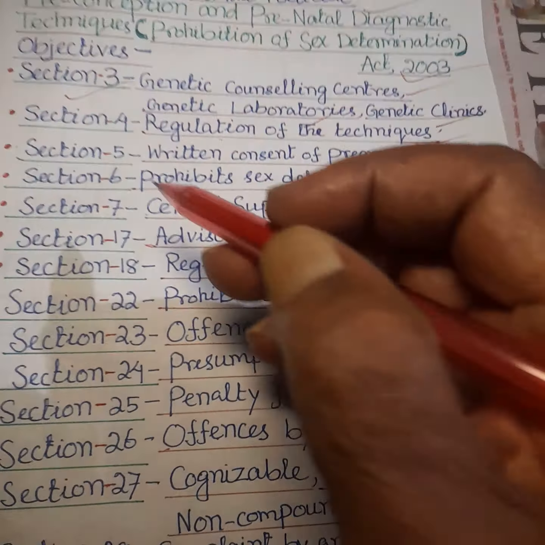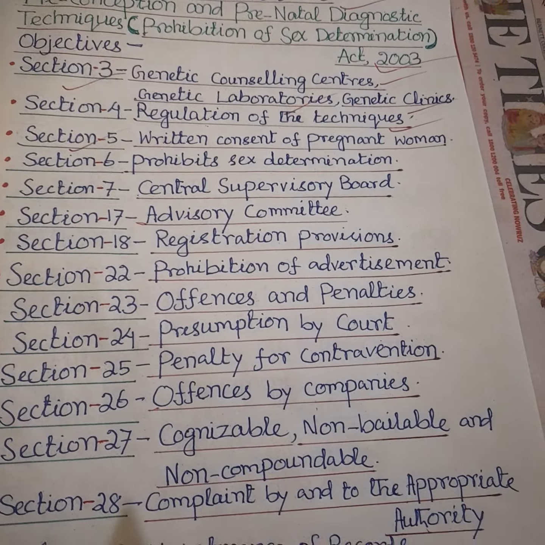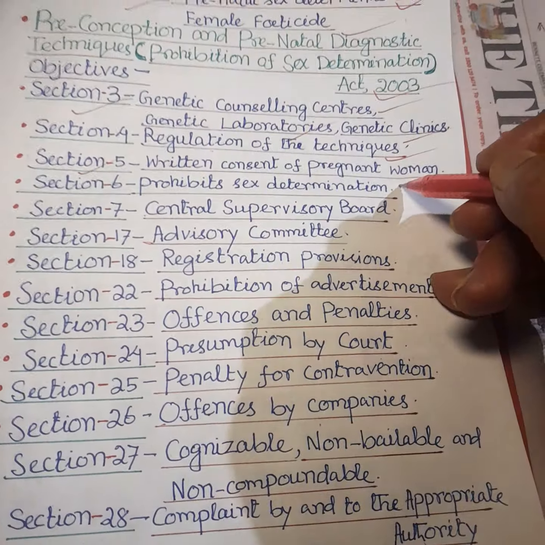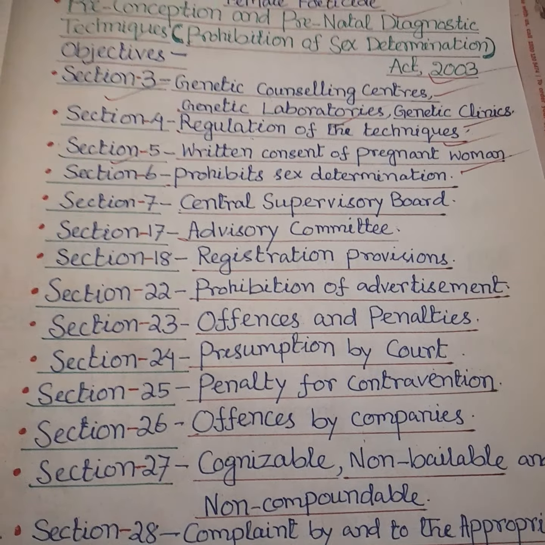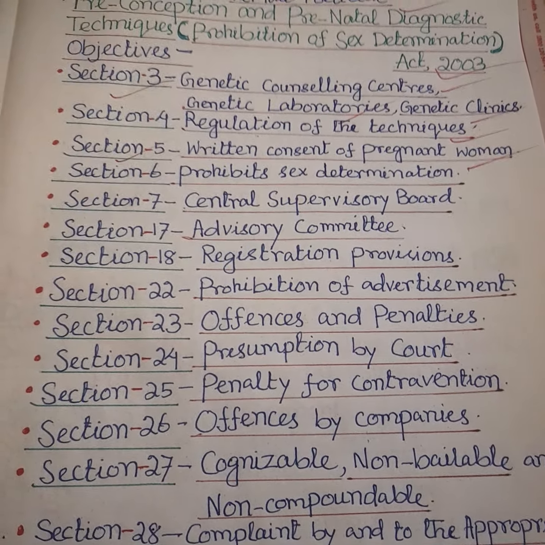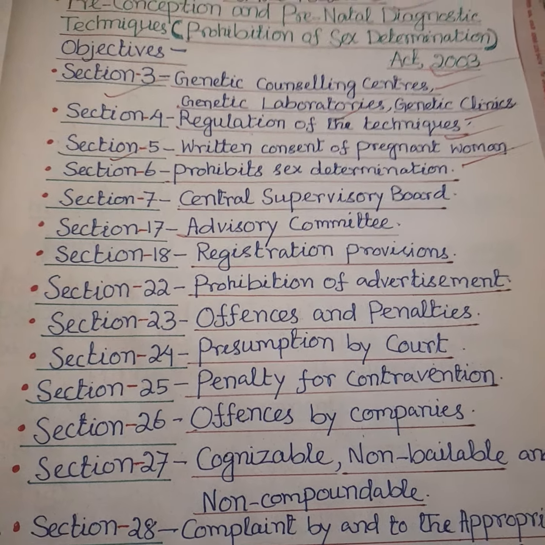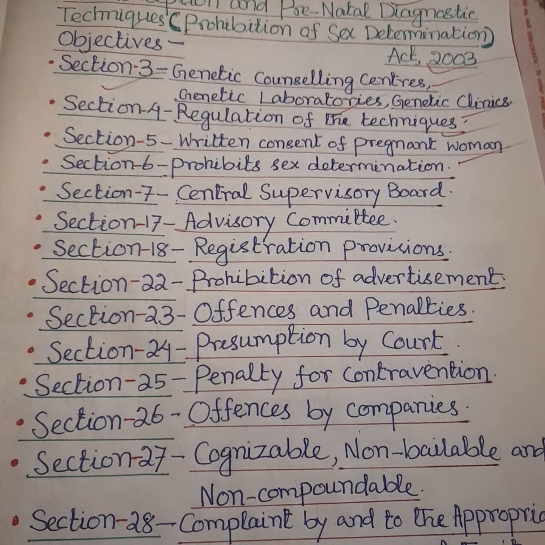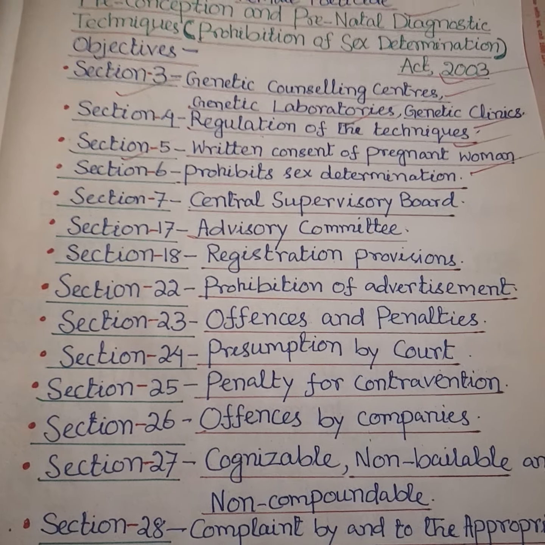Section 5 of the Act provides for written consent of the pregnant woman. So it requires written consent of the pregnant woman and prohibits communication of the sex of the fetus.